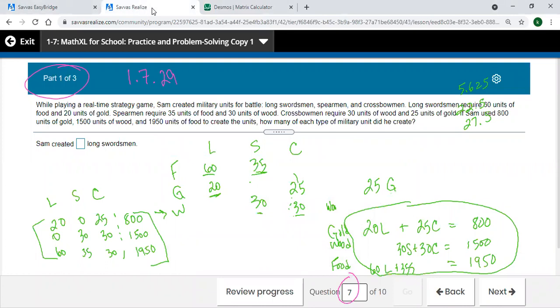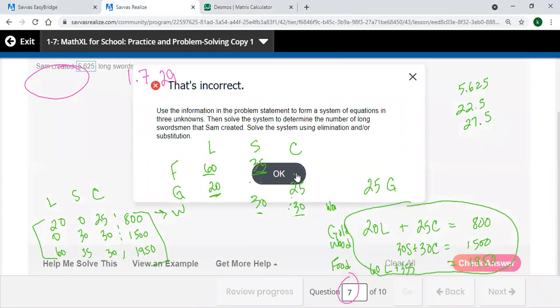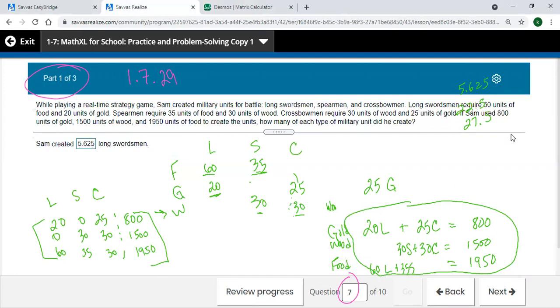Oh, the units. And then it says, how many of each type of military unit did he create? I don't think you would have a decimal answer there, but we'll see what happens if I put this in. L was the first one, 5.625. If it's wrong, well, we got to go back and look for where I messed up. Check. Uh-oh, see, I didn't think that decimal sounded good.